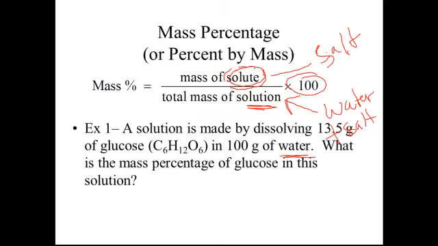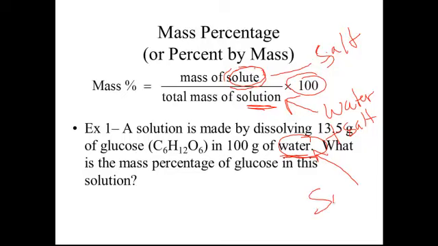Now, if I had said 13.5 grams of glucose in 100 grams of solution, then that would mean that I'm including the sugar as part of that. So you really have to pay attention to what that mass is to determine, do I need to add the solute or do I not need to add the solute?